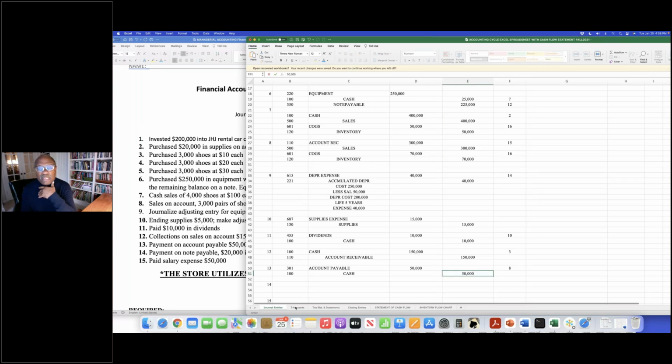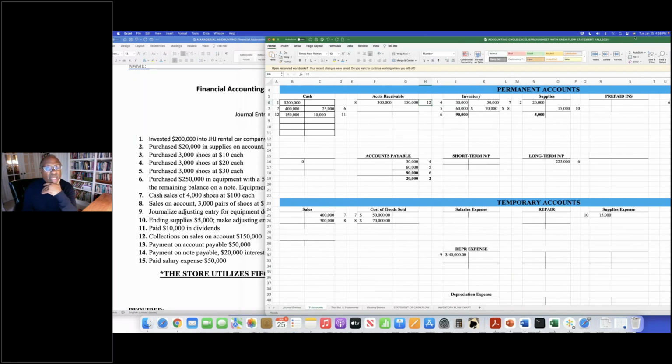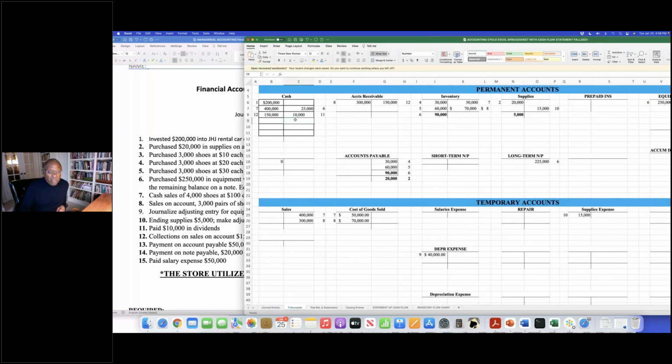In terms of posting this one, the amount was 50,000. So we credit cash for 50,000, and we debit accounts payable for 50,000.